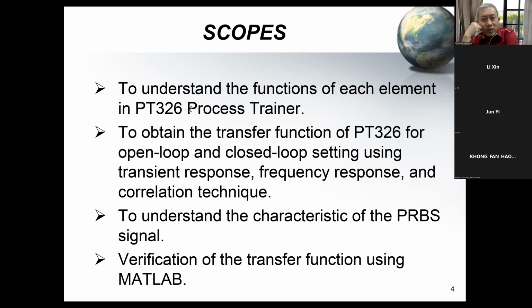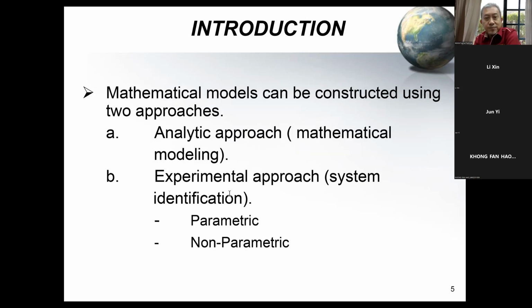Then we collect data to perform open loop and closed loop settings for transfer functions from the three methods shown, and understand the characteristics of the PRBS signal, as well as verify the answer using MATLAB programming.